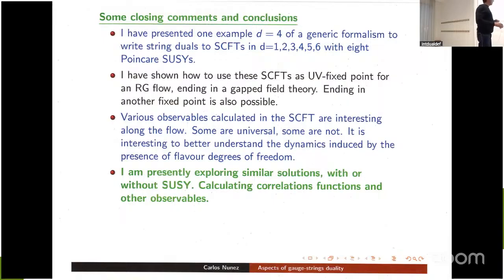Indeed, what happens here is that, as I mentioned, there is this radial direction, there is this circle on which we compactify the theory. And at some point, that circle ends.